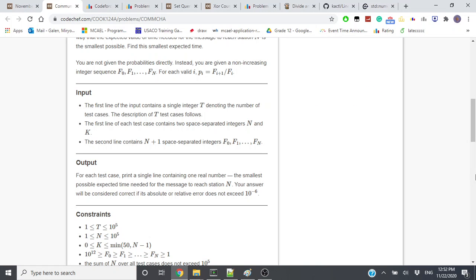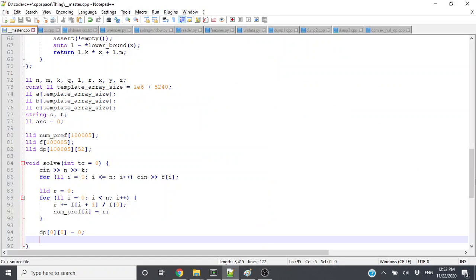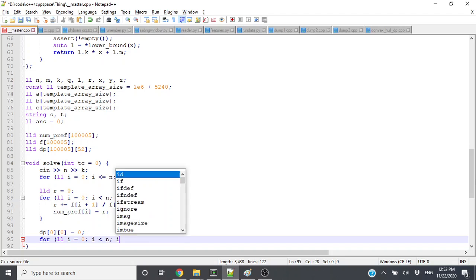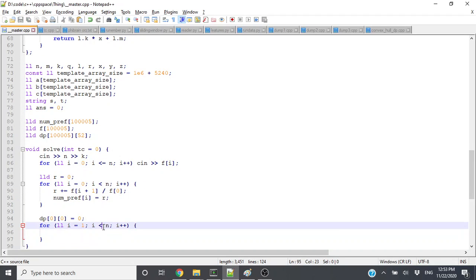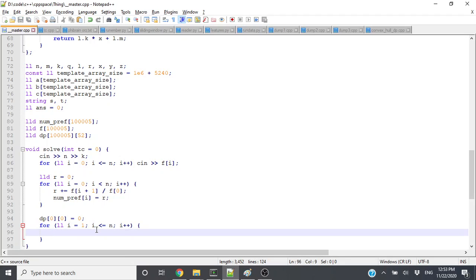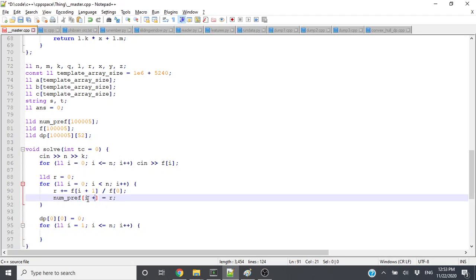Now, the way this works is, maybe this is easier doing it like this.